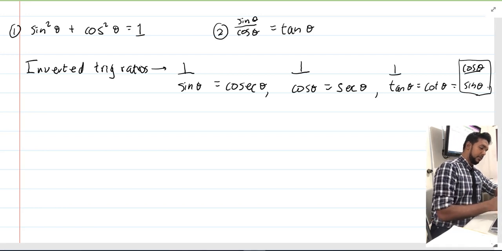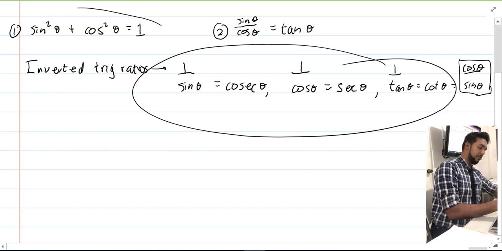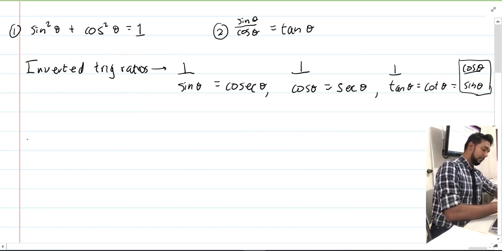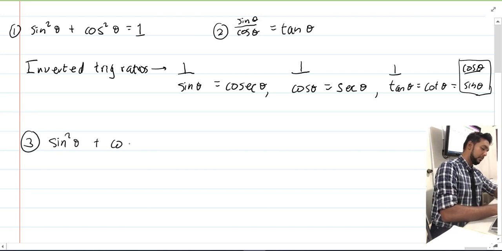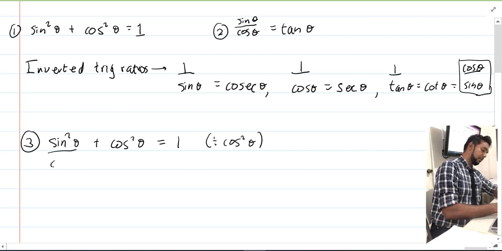All right, so let's take a look and see what happens when we use these inversions. Let's start with 3. So let's do sine squared theta plus cos squared theta equal to 1, and we are going to divide everything on both sides of the equation by cos squared theta.